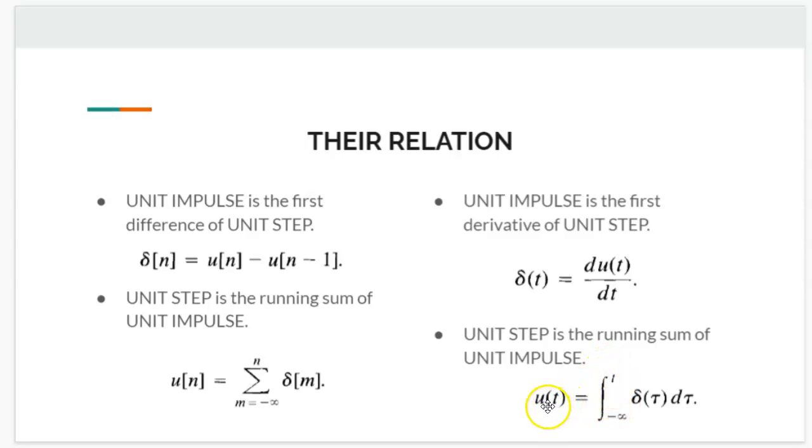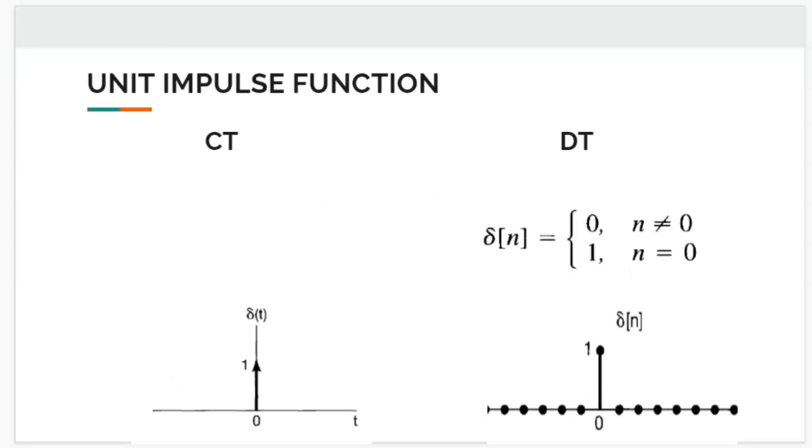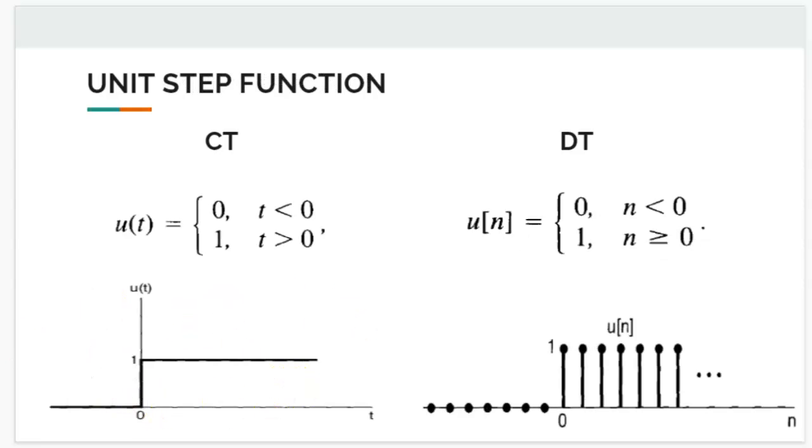If you put any value of t less than 0, this spike will not be covered in the region of integration, so you won't get a 1. Once you cross this, you'll always get this spike, so you'll always get 1, and that is why this function looks like this.